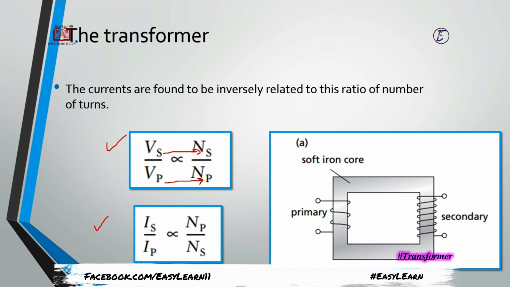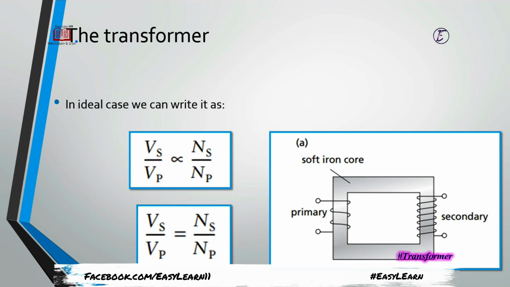Is over Ip, here S correlates with P, meaning opposite. Is over Ip is the same thing as Vs over Vp, but here reverse this and exchange their positions, because current and voltage are opposite terms. If one is increasing, the other is decreasing. So it is easy to remember, this is a key.